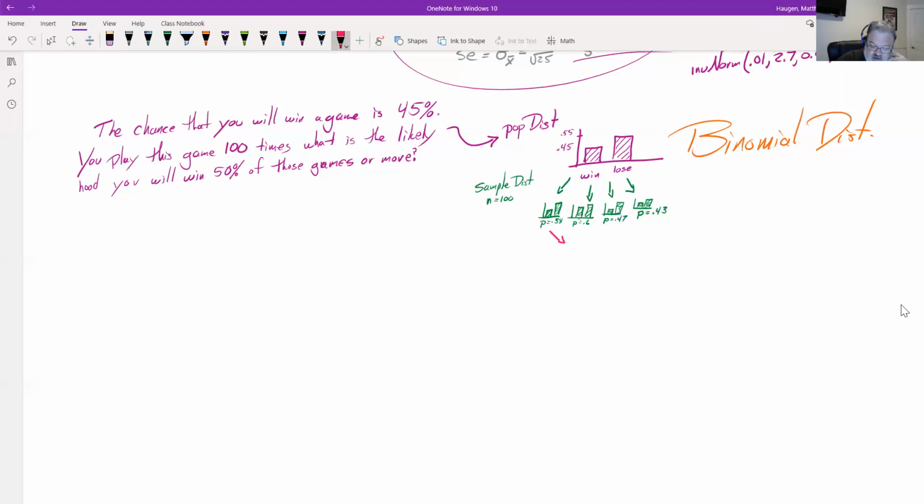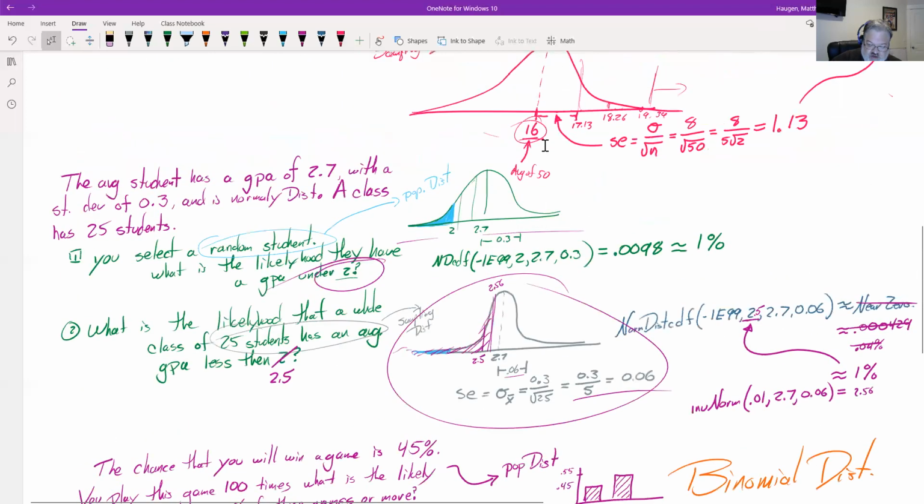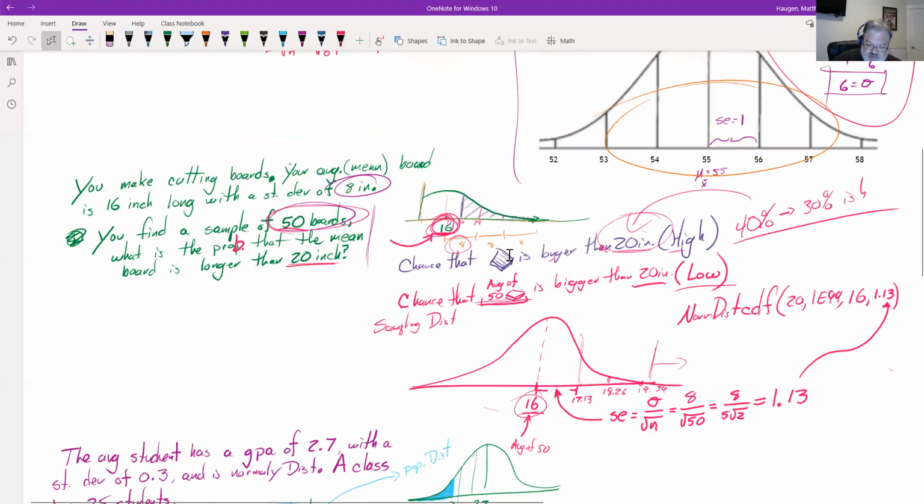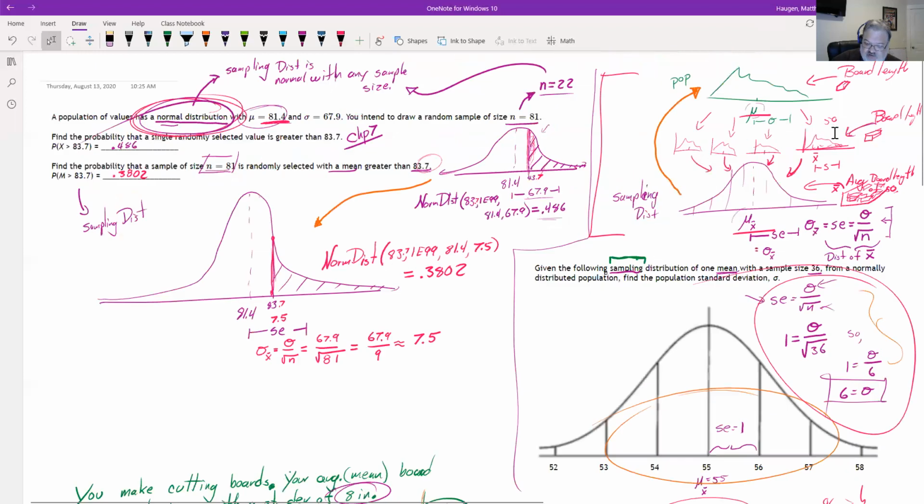And then if we take all those sample proportions, notice they're sample proportions, not sample means anymore, right? Up here, we took averages and distributed those averages, so a sampling distribution of averages.